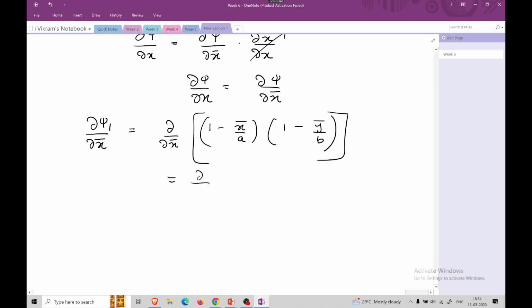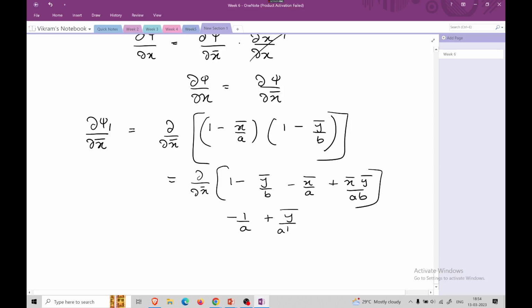If I expand it and differentiate, the first 2 terms will vanish. I will get minus 1 by a for this, and plus y bar by ab, because when partially differentiating with respect to x, my y bar term remains constant. So this will be my dou psi 1 by dou x bar.